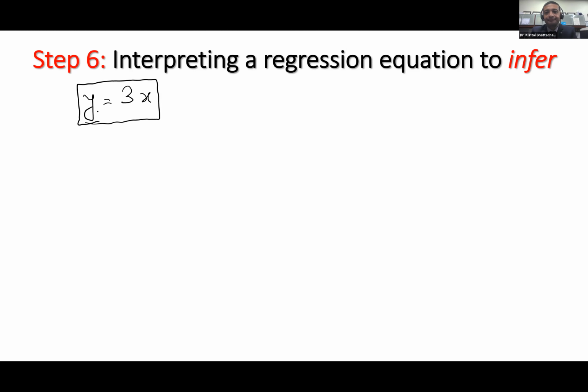Somebody? Sarah Al-Zarani. Y equals 3 times x. How do you interpret this in terms of the relationship between x and y? So you could say that x is like 3 times smaller than y, right?